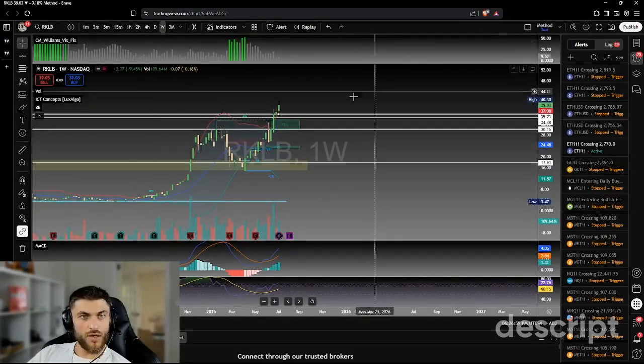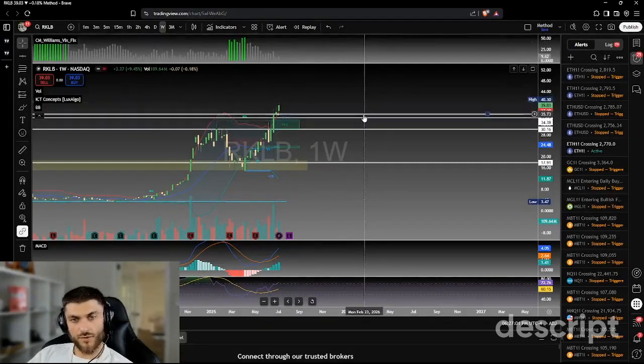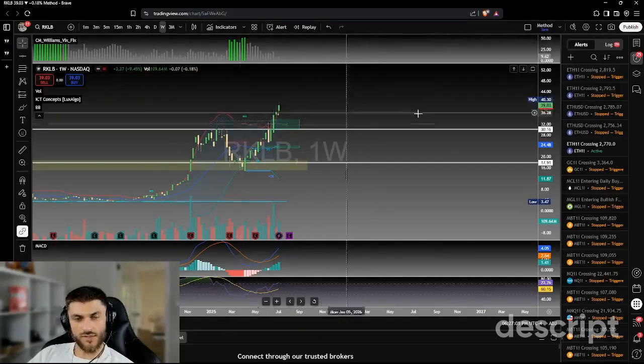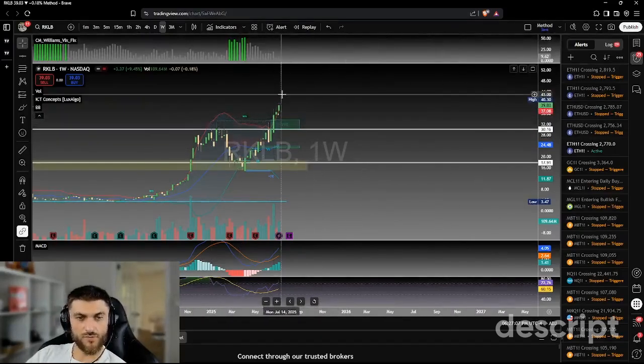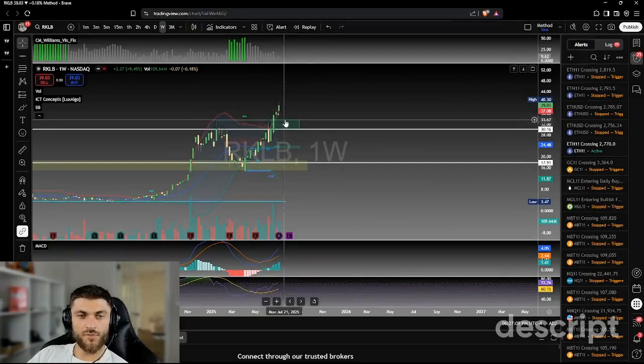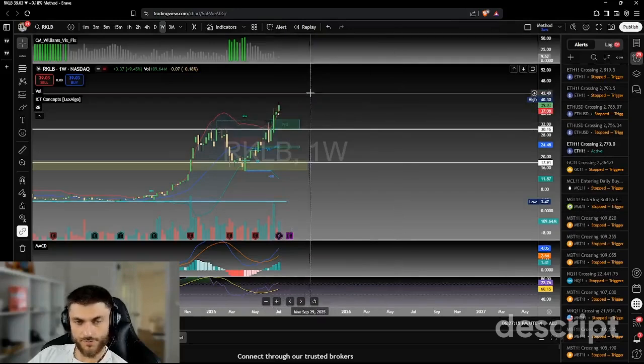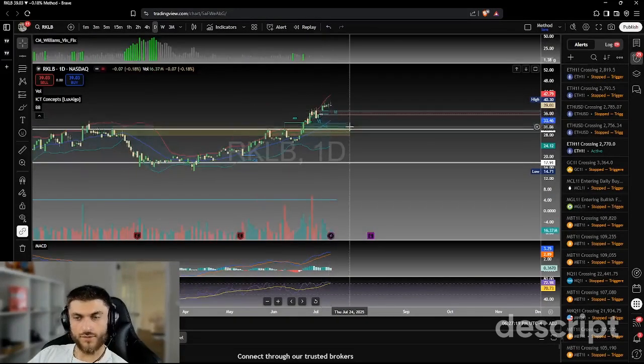So as far as this one in particular, to me, it looks like this just needs to cool off after a strong impulsive move to the upside, potentially test this fair value gap at the worst case scenario, 30.32. But I don't really see that happening.